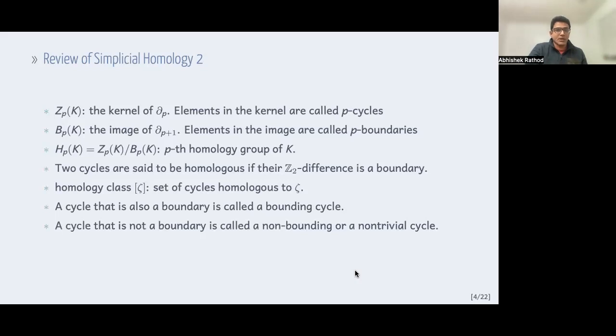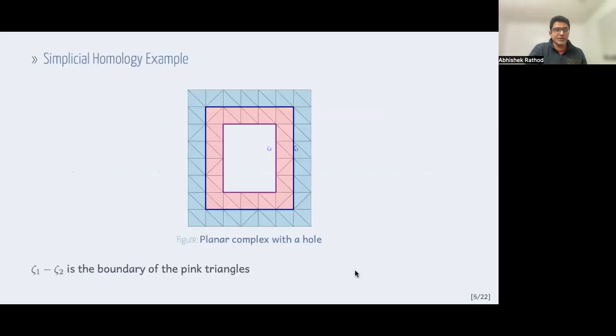Okay. Now that the review is over, let's do a simple example to build some intuition. So in this example, you see a planar complex with a hole in the middle. The inner cycle zeta 2 is depicted in purple, and the outer cycle zeta 1 is depicted in blue.